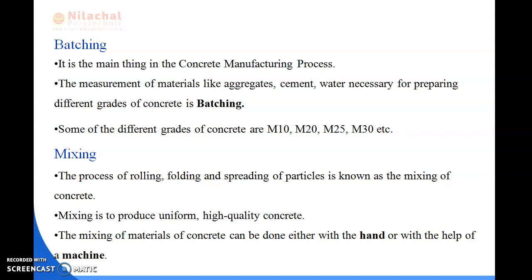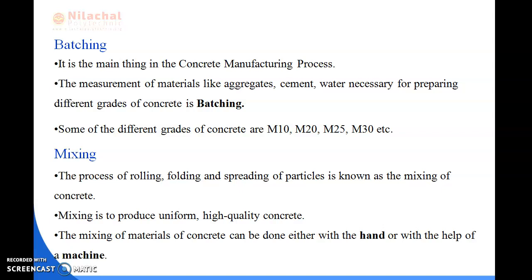In the mixing process, the rolling, folding and spreading of all the particles is known as mixing of the concrete. Mixing is done to produce uniform, high quality concrete, and the mixing of materials can be done either by hand or with the help of a machine.